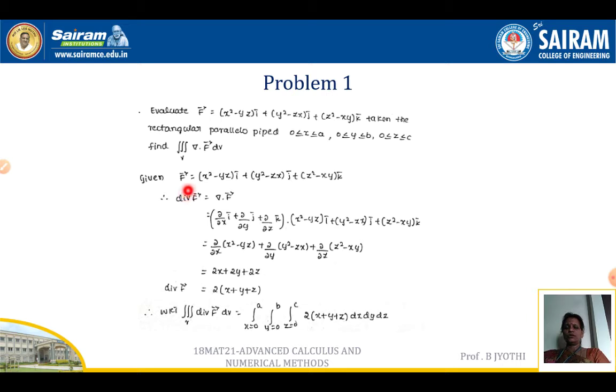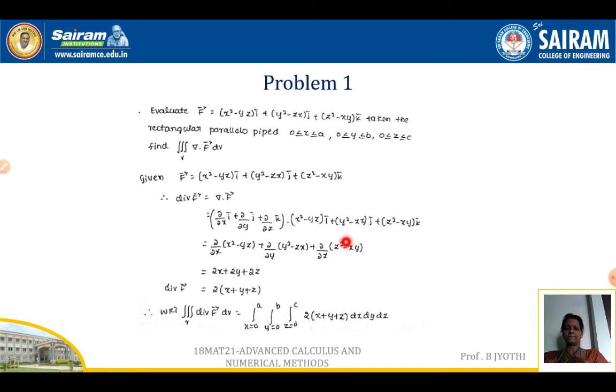So here is the triple integral, where f is the given vector function and div f is equal to del dot f. So let us find out what del dot of f is. Del dot of f is given by dou by dou x of i plus dou by dou y of j plus dou by dou z of k, dot product with f.